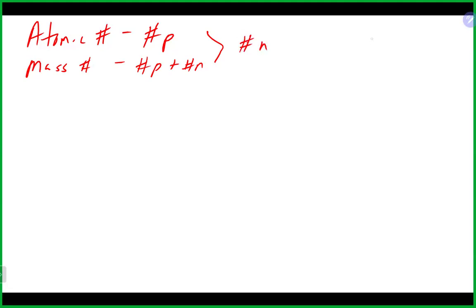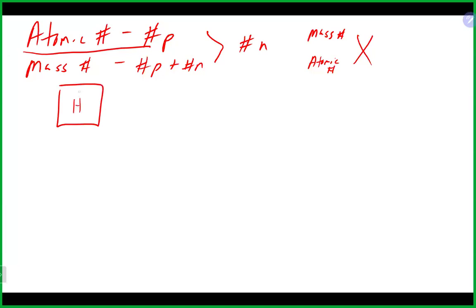We do typically write our isotope symbol with the mass number at the top left and the atomic number at the bottom left. Remember that it is only the atomic number that can be found on the periodic table, and that is the top number there.